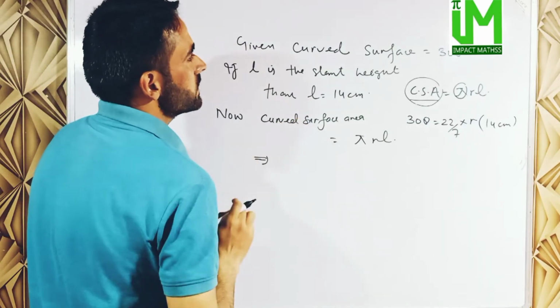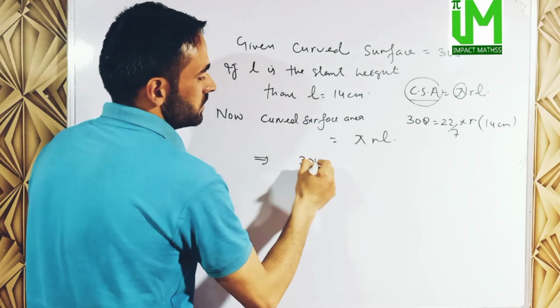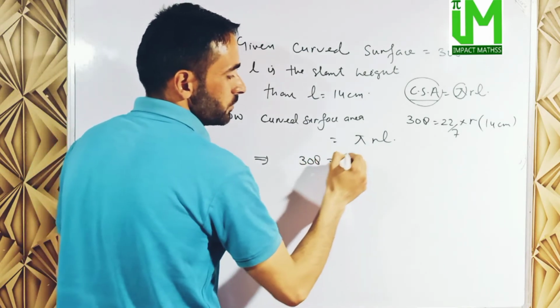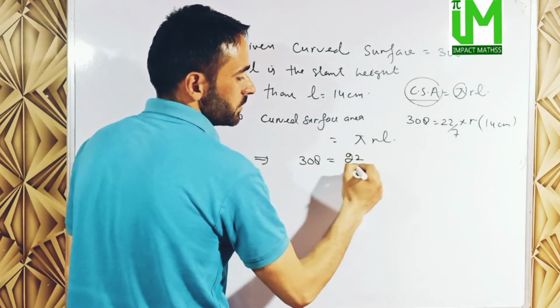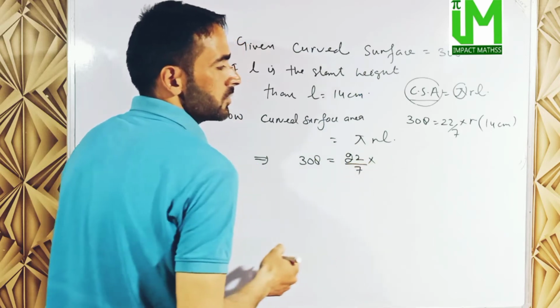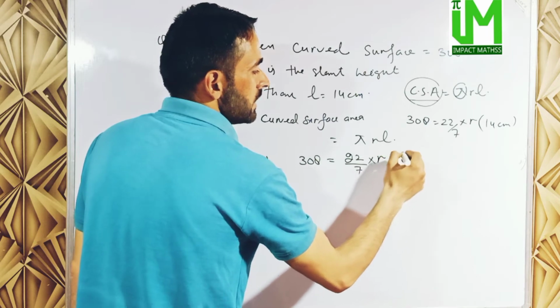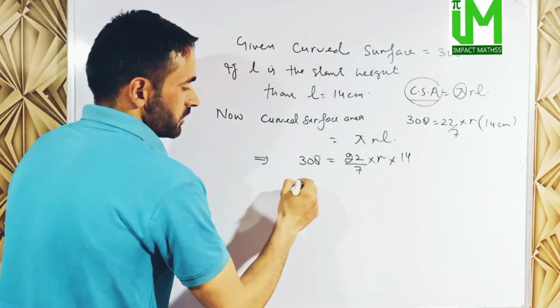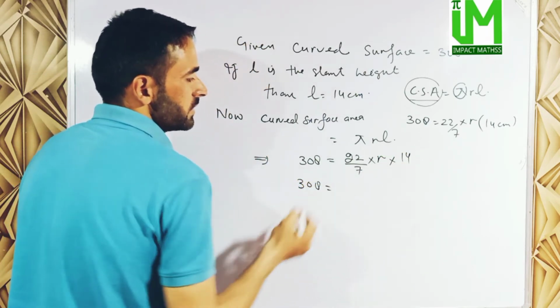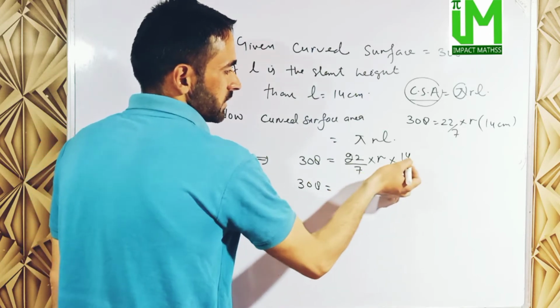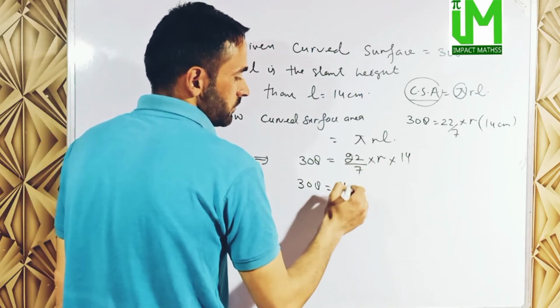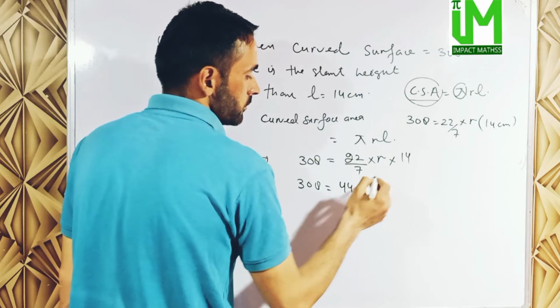So curved surface area, that is 308, is equal to pi value 22 divided by 7 into r, the value of r we have to find, into l value 14. So this will cancel out with this, and it will be only 44 into r.